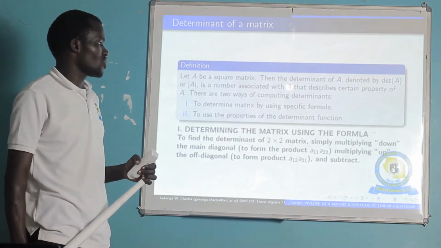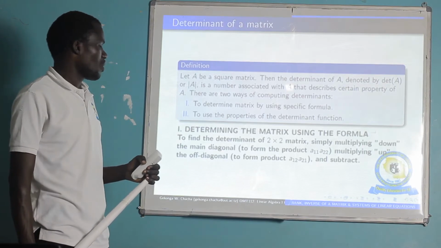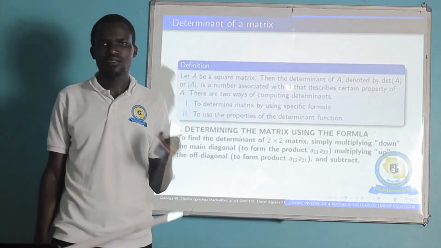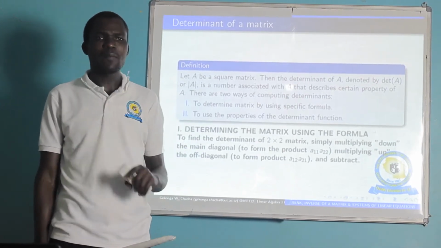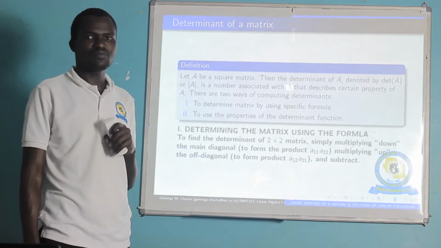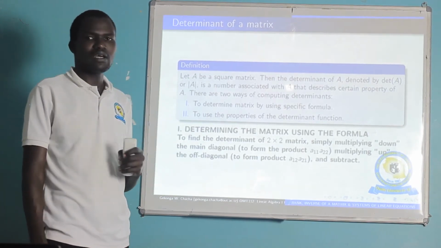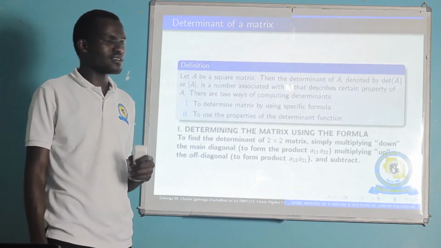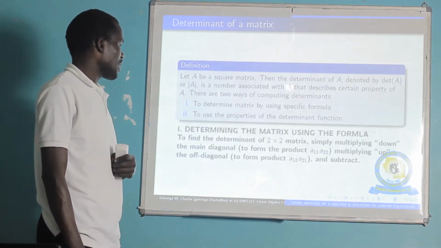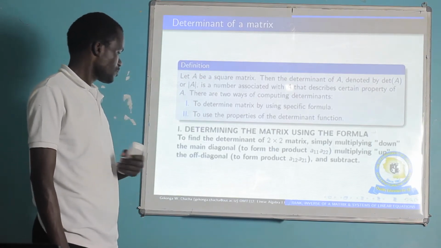It is the number associated with A that describes certain properties of matrix A. How can we find the matrix determinant? There are two general methods: we can find the determinant of a matrix by using a specific formula, and by using properties of the determinant function.